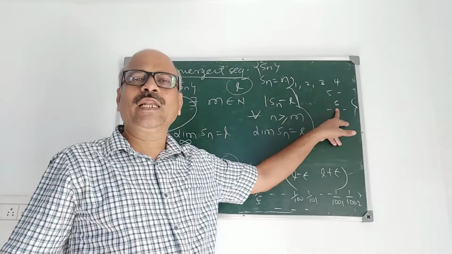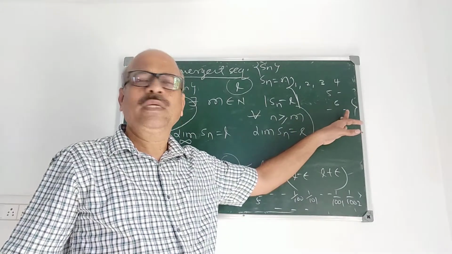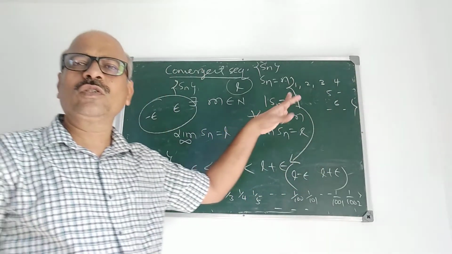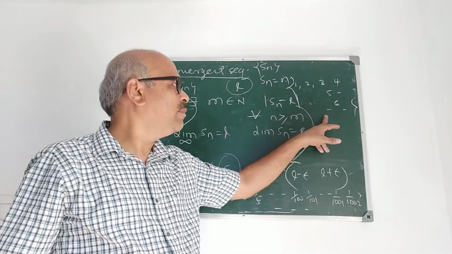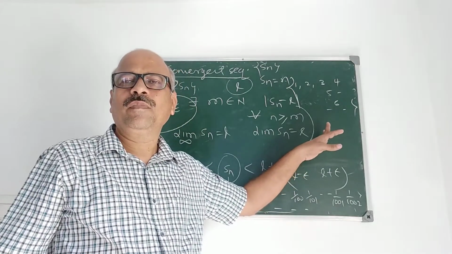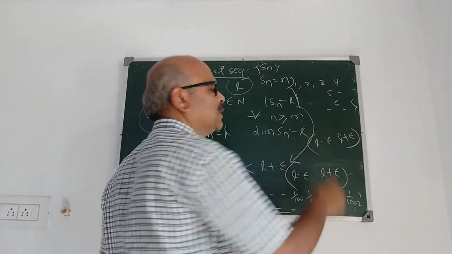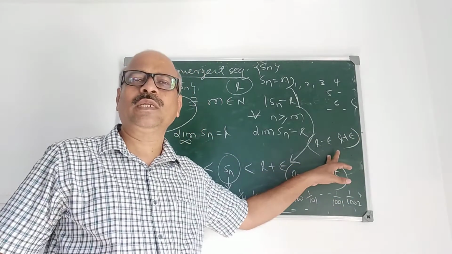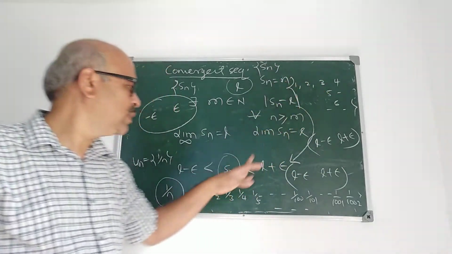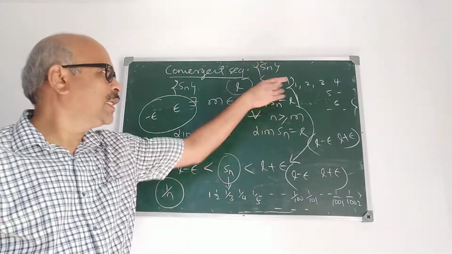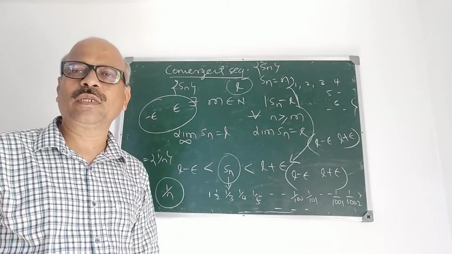Suppose n is infinitely large, then the terms of the sequence go on increasing, and they never lie in some interval. Suppose L is a fixed number, the terms of the sequence don't lie in the interval L minus epsilon to L plus epsilon. So this sequence doesn't converge. Sn is n, doesn't converge. Sn is 1 upon n, converges. These are the best examples to understand the definition of convergence.